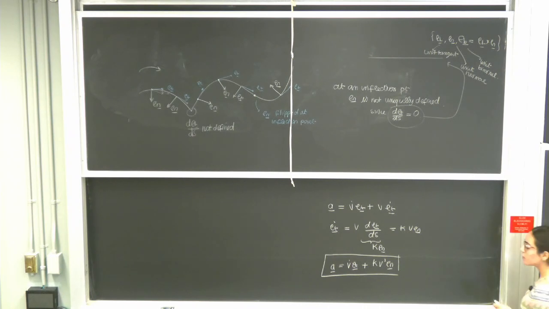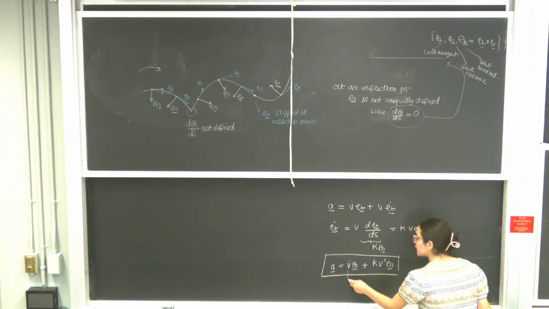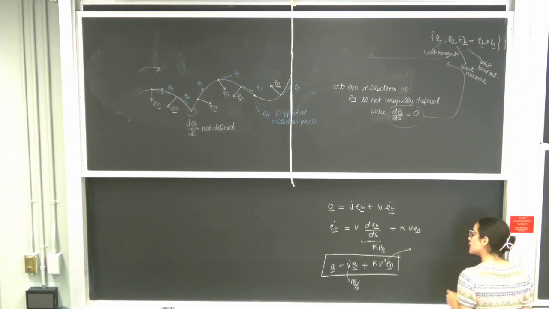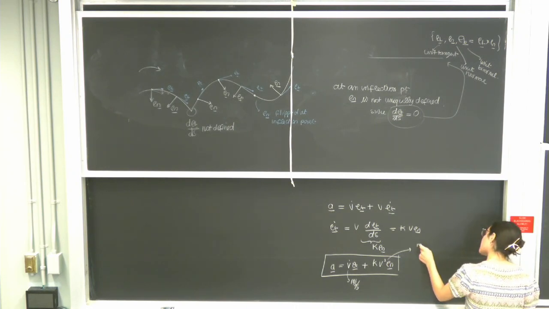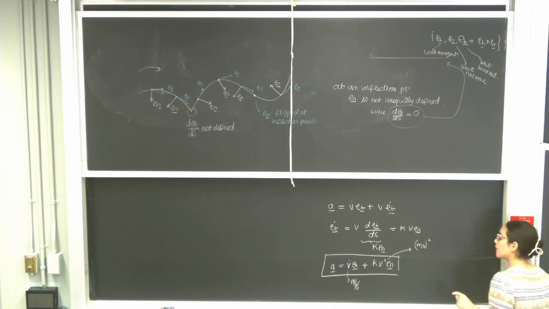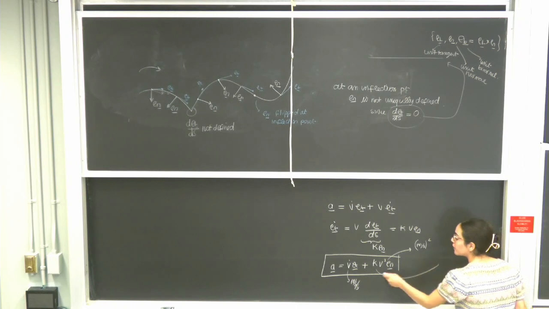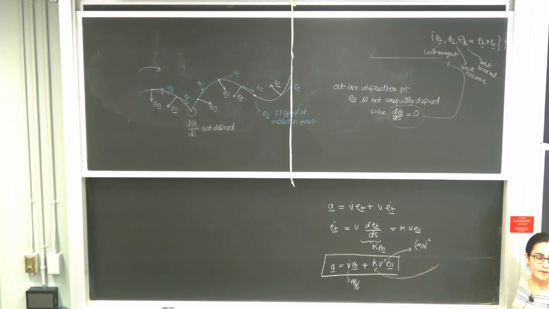And we can check the units. The units of v dot are meters per second squared. That's a unit of acceleration. The units of v squared are meters per second, and then that's squared. So what's the unit of kappa? Chat with your neighbor, make sure they have the right answer.